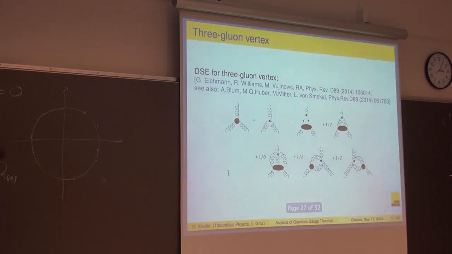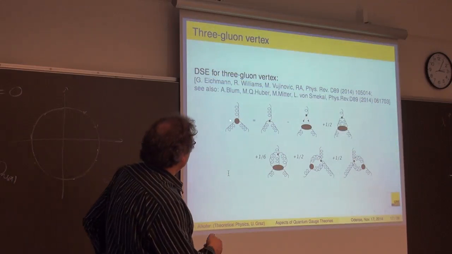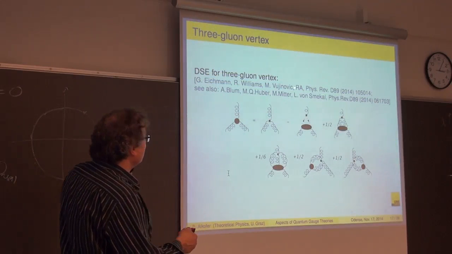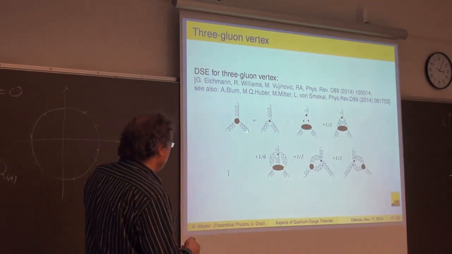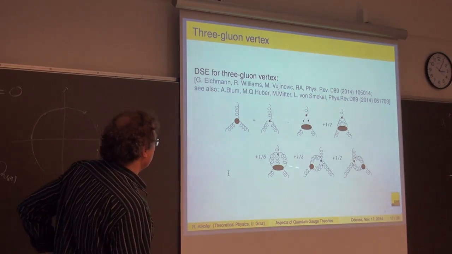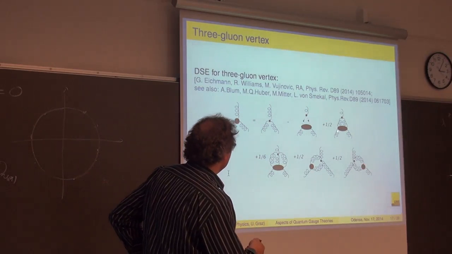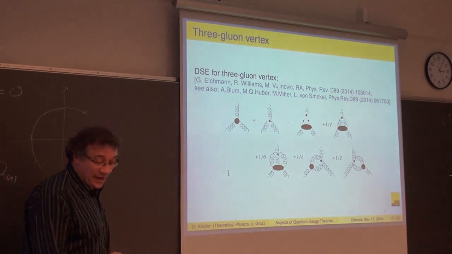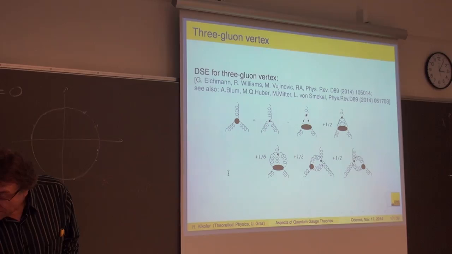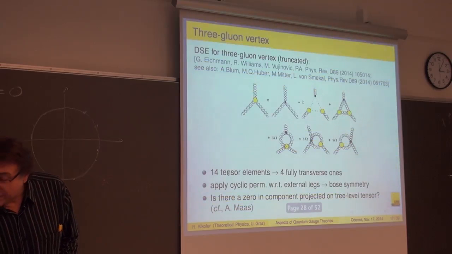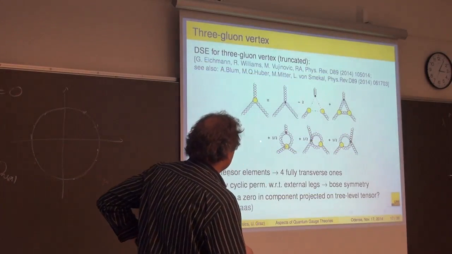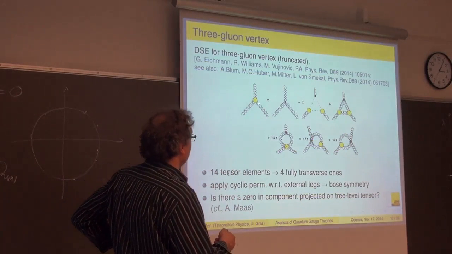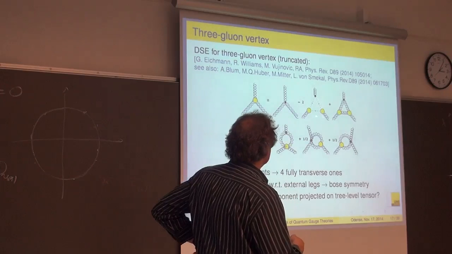Three-gluon vertex. I will mainly talk about this paper, with the calculations done mostly by Milan. And we start from this Dyson-Schwinger equation, which is of course unsolvable because it contains a lot of higher order Green's functions. But what we can do is a skeleton expansion, only keeping the primitively divergent ones.